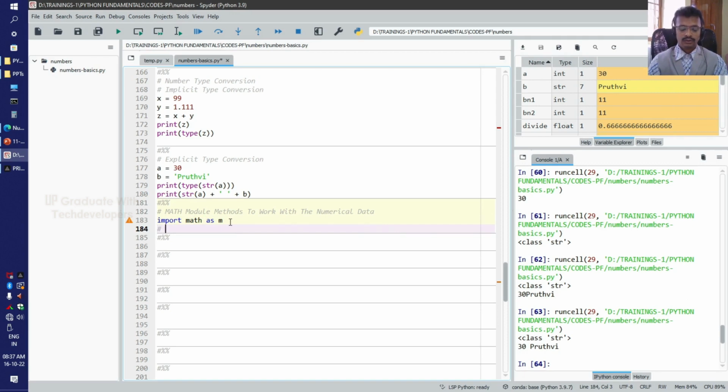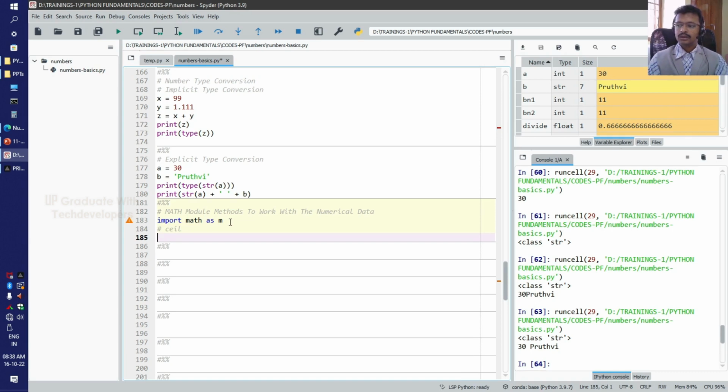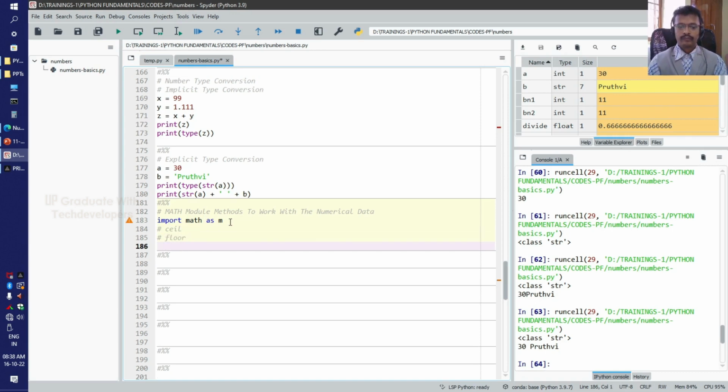Let us start with the ceil function, and one more method, that is floor. These two methods are used to round a float number to the nearest integer. As the name suggests, the ceil method is used to round up the number to the nearest integer value, while the floor is used to round a number down to the nearest integer value.